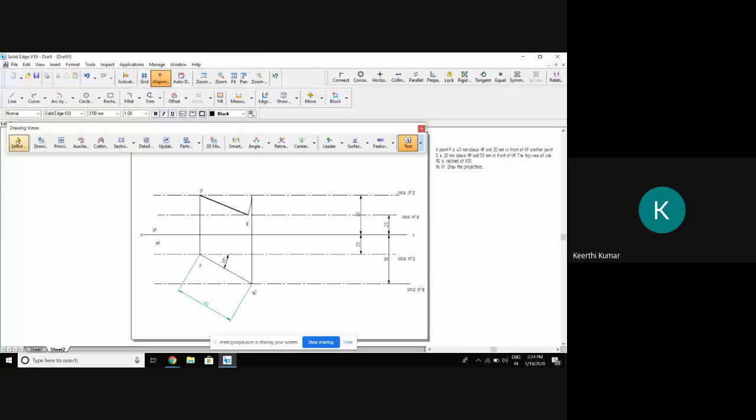If I draw the end projectors, this and this will be, instead of telling this and this, I'll give the naming. This is Q. See, PQ, P dash, Q dash are supposed to end at the same end projector. So this is called end projector.